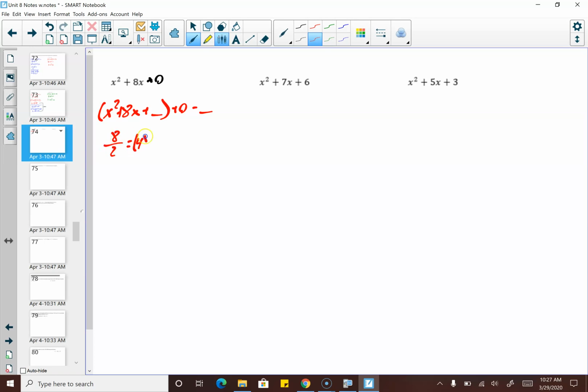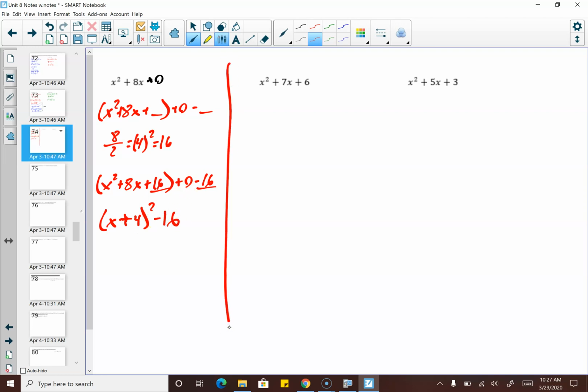So 8 divided by 2 is 4. 4 squared is 16. So then both of our lines are going to have 16s on them. So we know this factors into x plus 4 squared, and then 0 minus 16 is a negative 16.